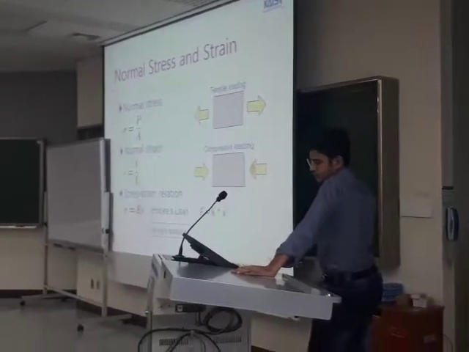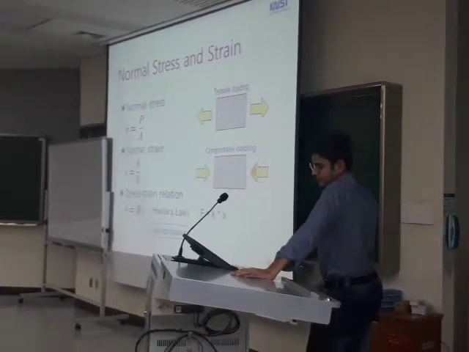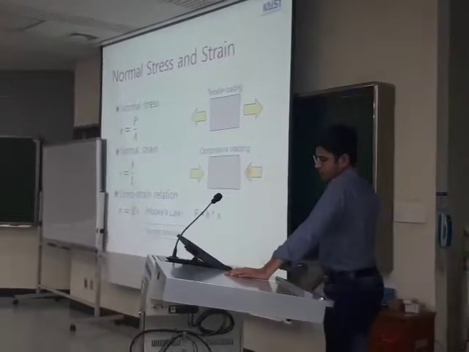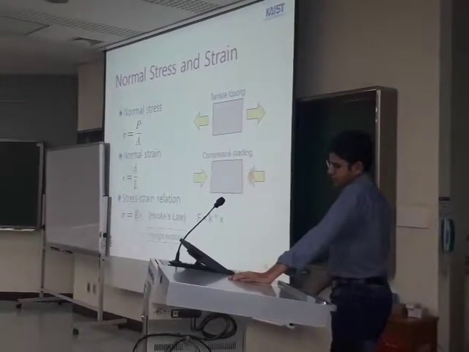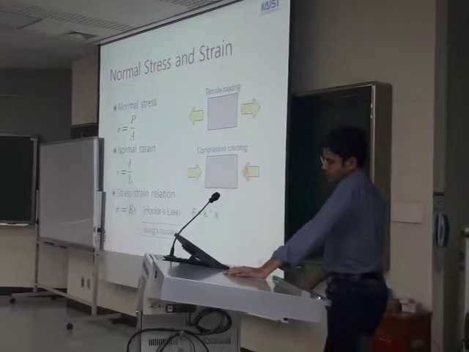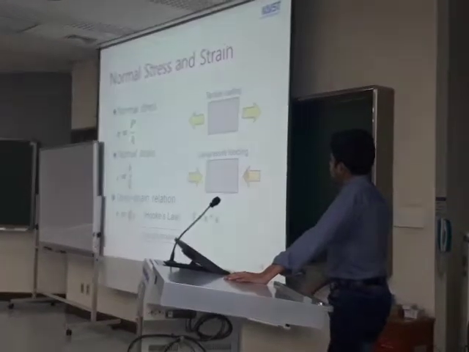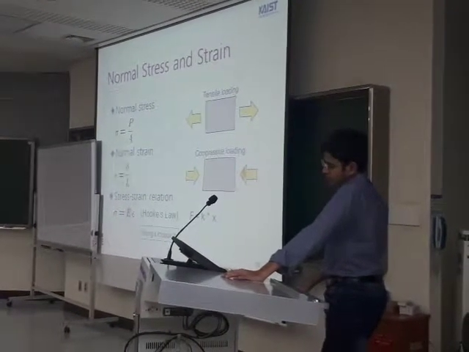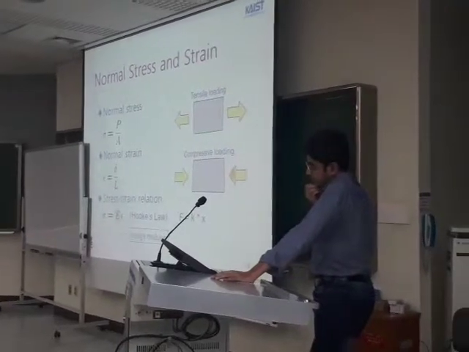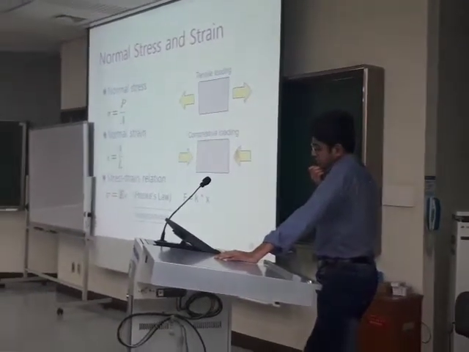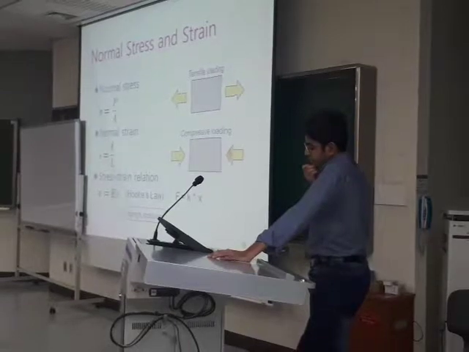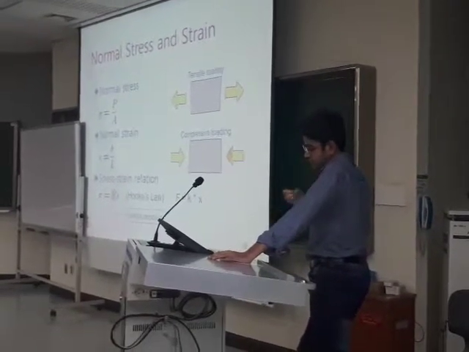Normal stress is force per unit area, and normal strain is increased length over original length. The relation between the stress and strain is given by Hooke's law. We know Hooke's law, and the constant is modulus of elasticity, or Young's modulus.